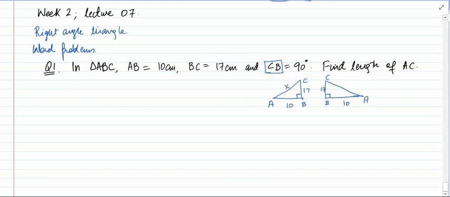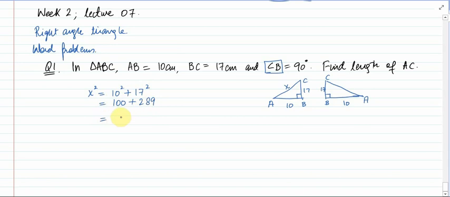Now that is a simple question of Pythagoras theorem, right? But you should know how to plot the figure from the given data. So applying Pythagoras, it will be x square is equal to 10 square plus 17 square. So 10 square is 100 plus 17 square is 289.